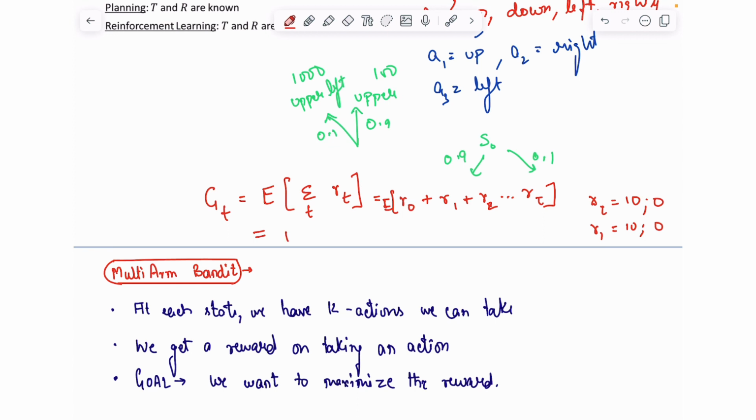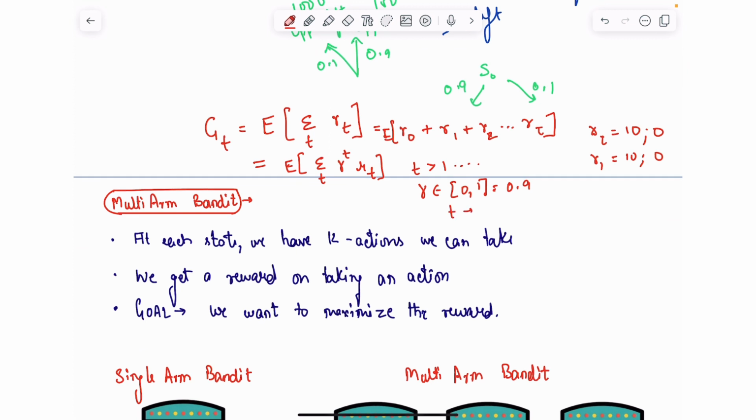So what we can do is add a gamma term here which decays over time. So this is the gamma term, and this is the reward term. Because t is increasing, and gamma belongs to 0 and 1, let's say you keep it as 0.9, as t increases, gamma to the power t decreases, right?